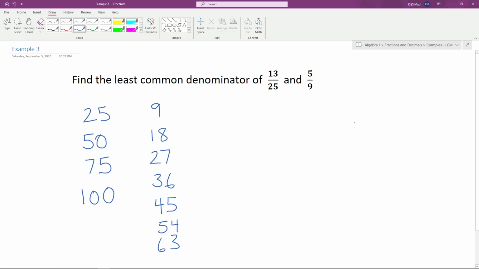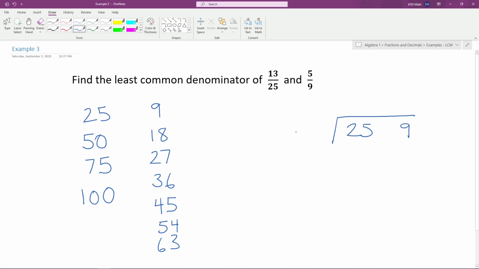So we have 25 and 9, and we think of a number that would divide evenly into both of these numbers. You could try maybe 3. 3 would go into 9 3 times, but 25 is not divisible by 3. You could say maybe 5, but 9's not divisible by 5.